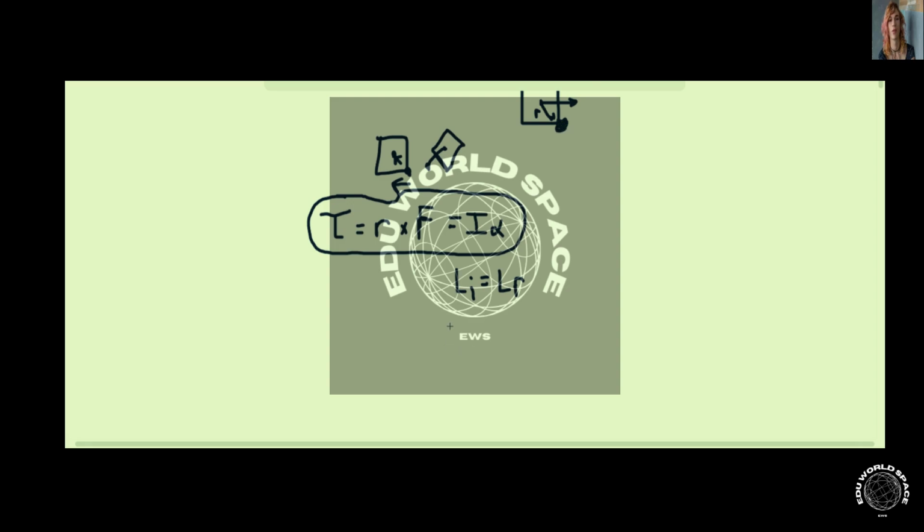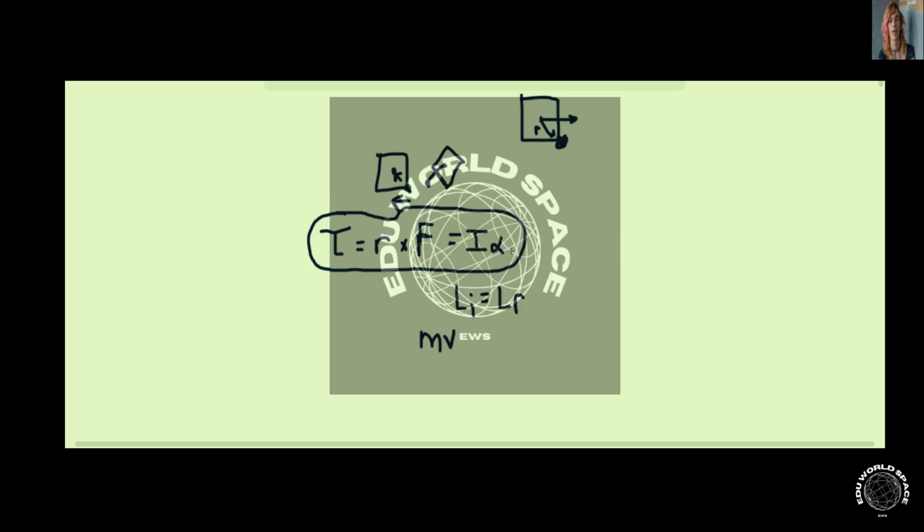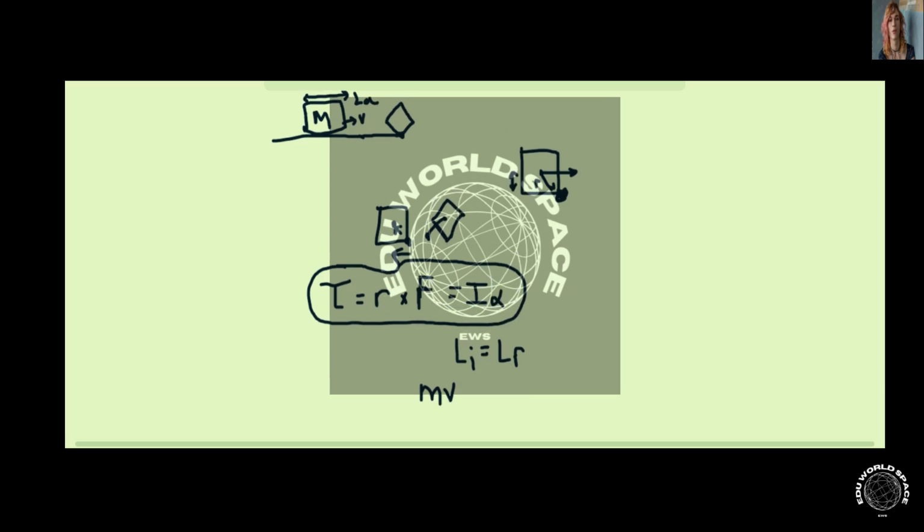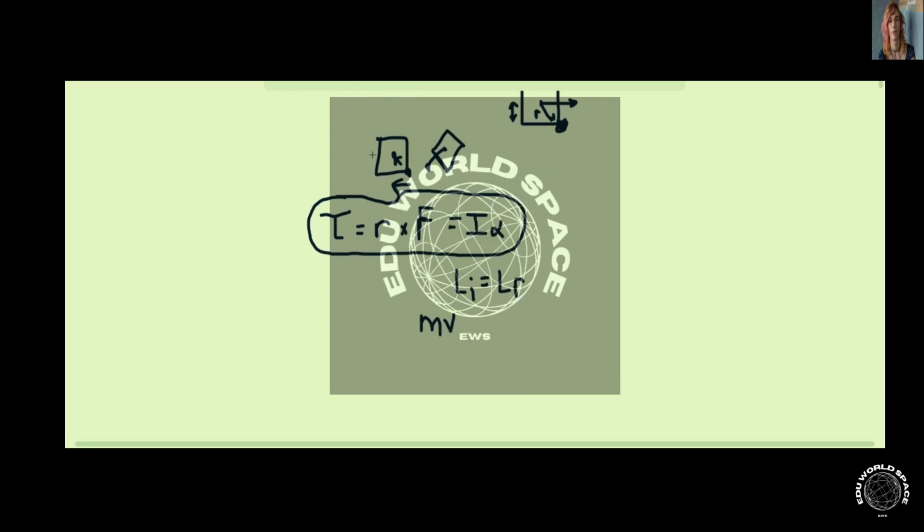The initial angular momentum is going to be mvr, so mv times r perpendicular, of course. The part of r that's perpendicular to the velocity is going to be half the length of the box, and the box has width 2a, so it's going to be a.